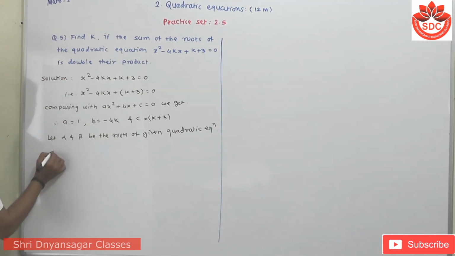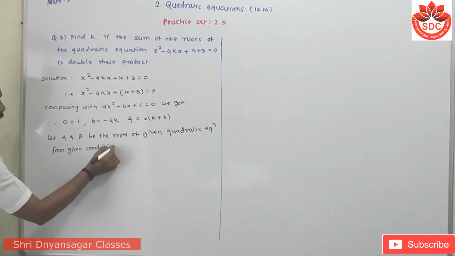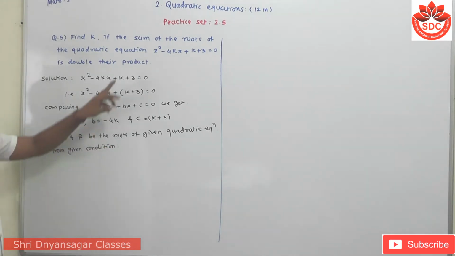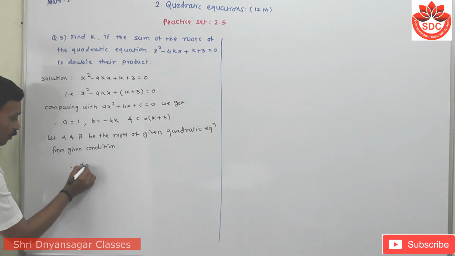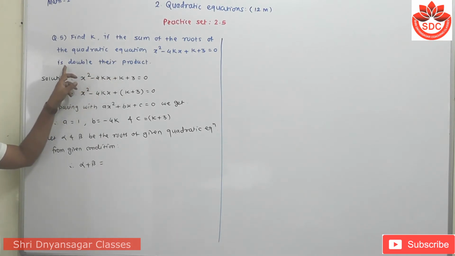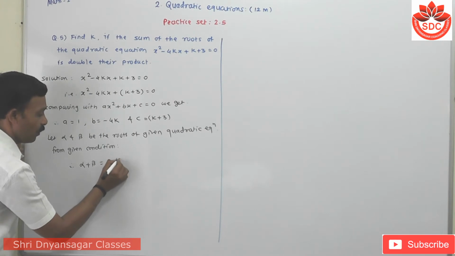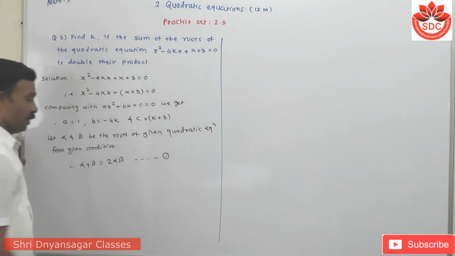Then from the given condition, the condition is that the sum of the roots of the quadratic equation, that means alpha plus beta, is equal to double their product, means twice of its product. Suppose that this is our equation number first.